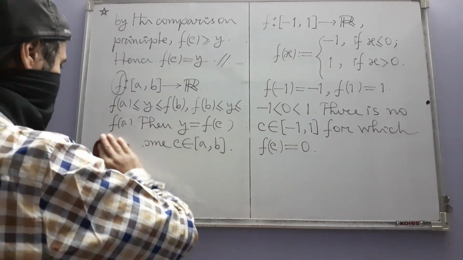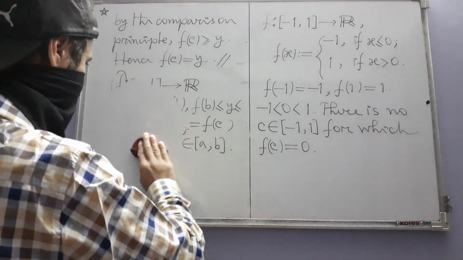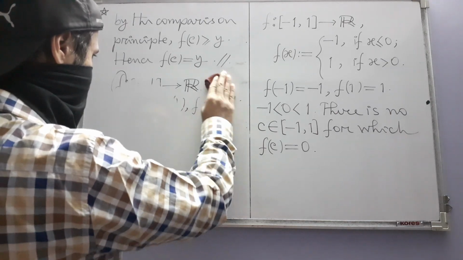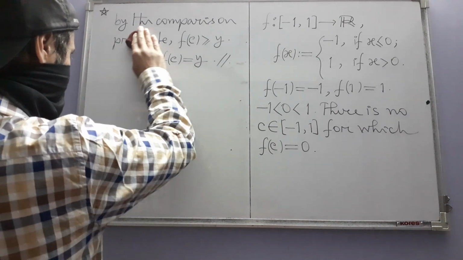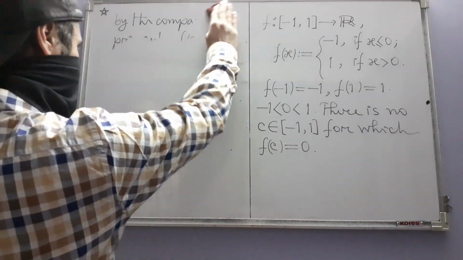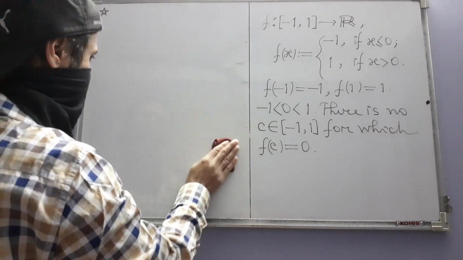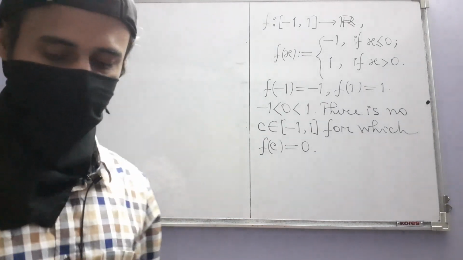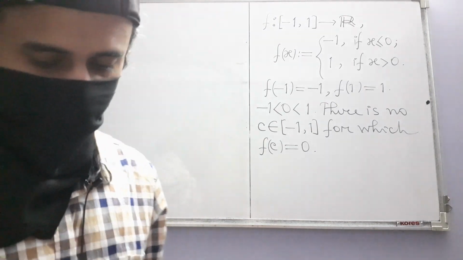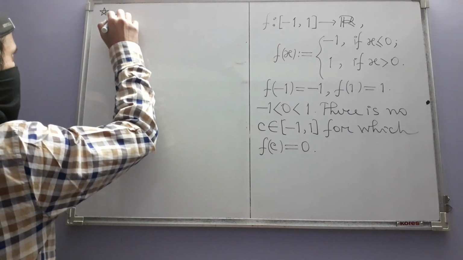Now, just like the maximum and minimum values of such a function can be attained at multiple points, intermediate values also can be attained at multiple points, not necessarily always only at one point. So the next remark is about that.